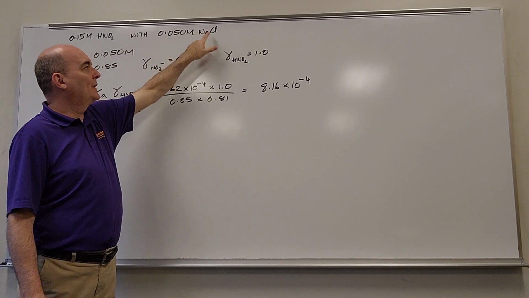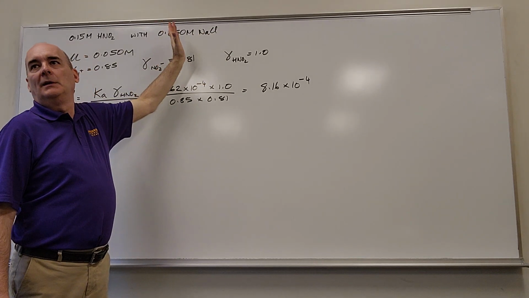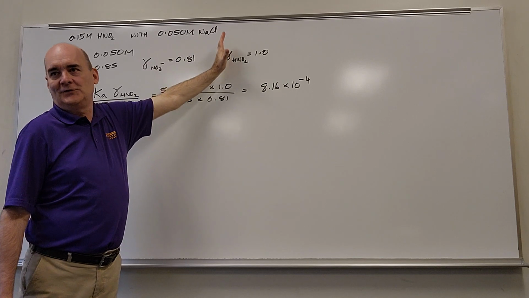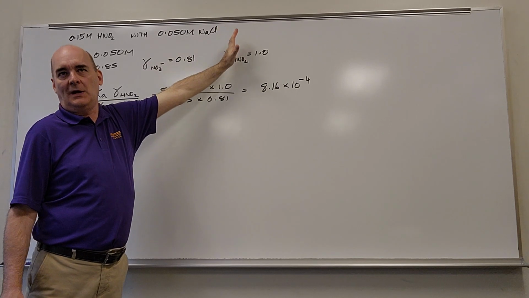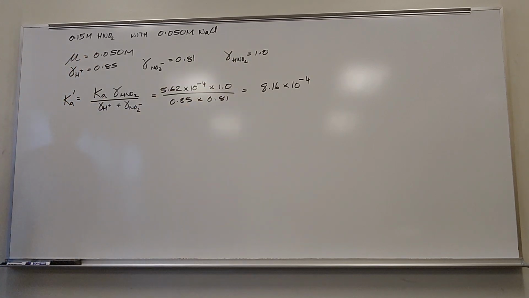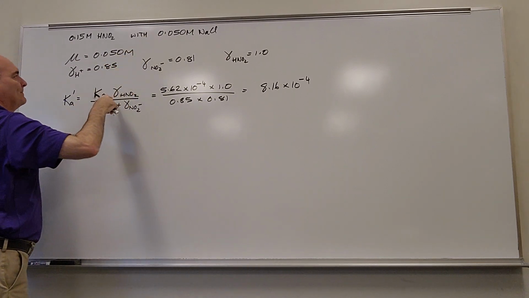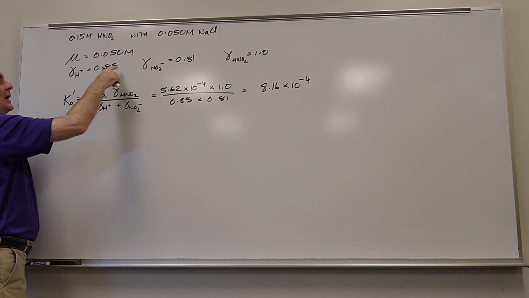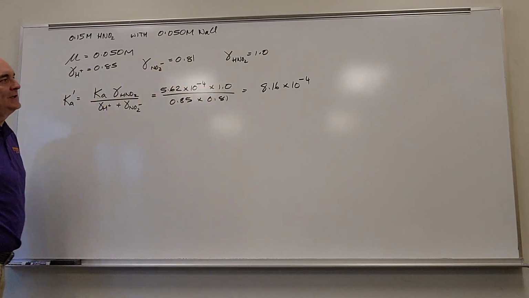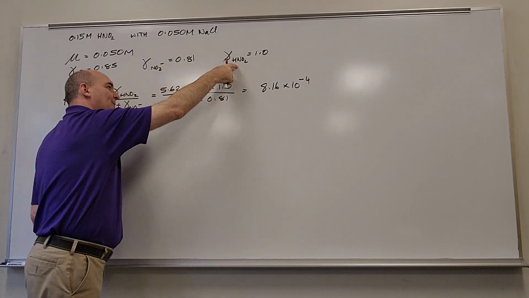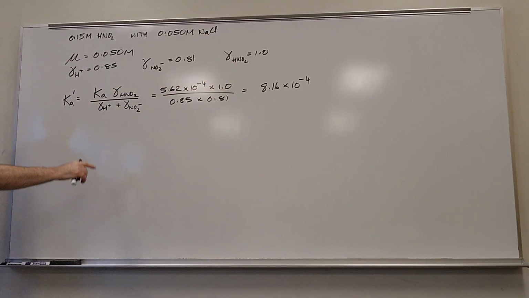Because it's a 1-to-1 salt, it is half of the concentration times the charge of the cation, plus half of the concentration times the charge of the anion. So this ends up being the same number. That then sends us into a table to find these values for the activity coefficients. Activity coefficients for ions have numbers, but intact molecules don't.